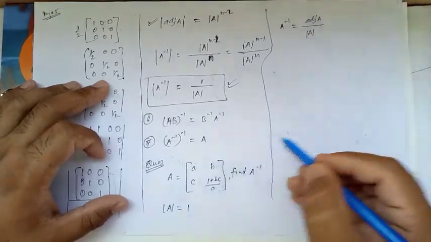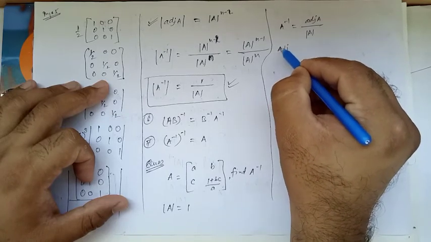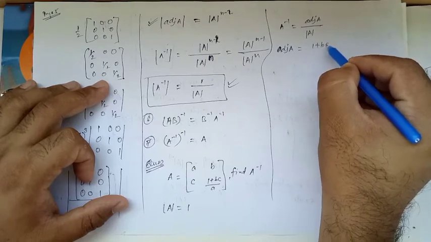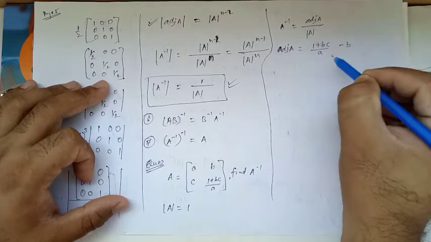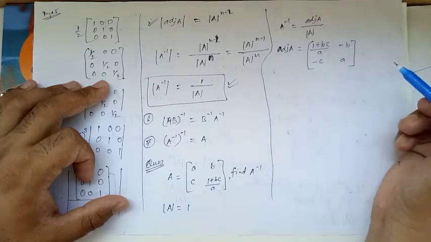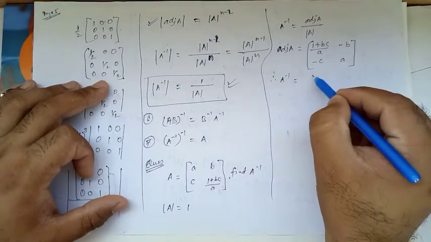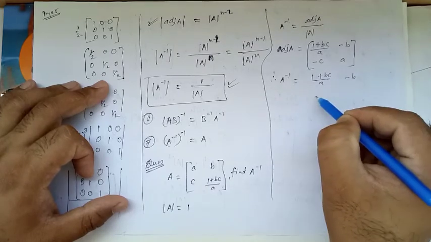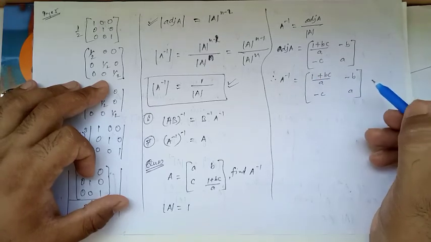So what is adjoint A? I have shown you that adjoint A can be written as 1 plus BC by A, minus B, minus C, A. This is adjoint A. So therefore A inverse equals 1 plus BC by A, minus B, minus C, A. So A inverse is this one.